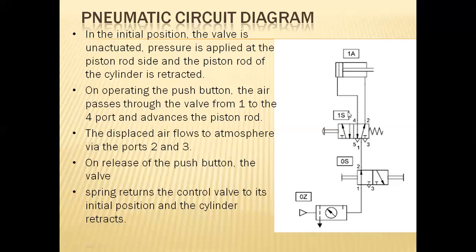And when it has been retracted back, the operating positions are completely changed, and the changes take place when the push button has been released, and vice versa. The direction of the airflow changes.